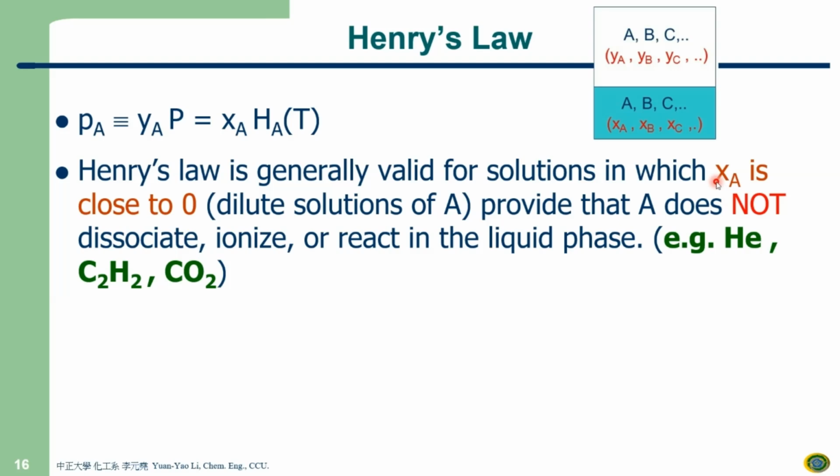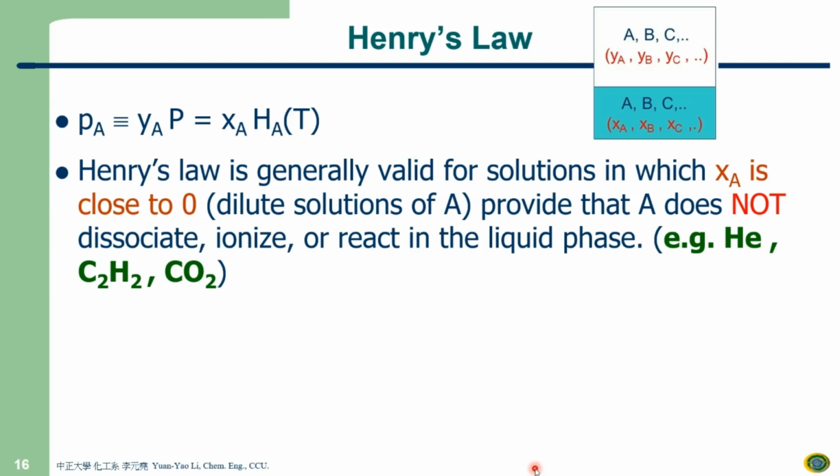What does close to 0 mean? It's a dilute solution of A, provided that A does not dissociate, ionize, or react in the liquid phase. That means the molecules Henry's law is applied to are normally not easy to condense, such as helium, ethylene, carbon dioxide. These are not easily condensed or dissolved in the water to become the liquid phase.